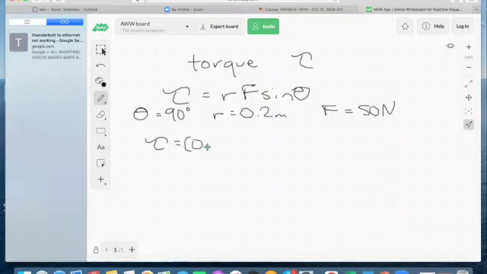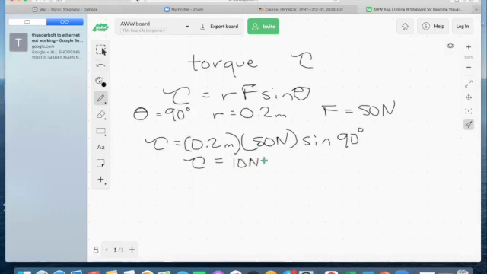It's going to be 0.2 meters times 50 newtons times sine 90 degrees. That would be 10 newtons times meters. So let's go on to number 2.